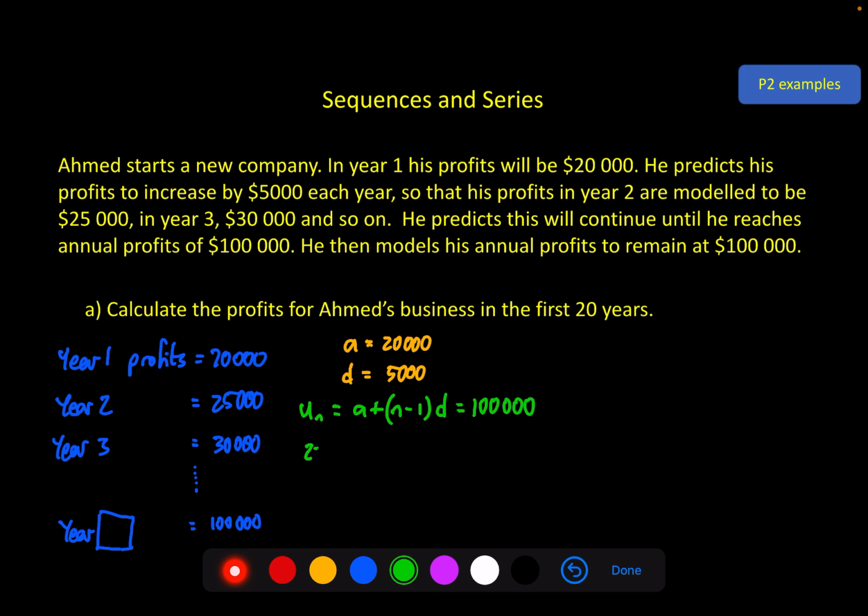And I know a is 20,000. n is the thing I want to know. d is 5,000. And I just solve my equation. So 100,000 minus 20,000 is 80,000. 80,000 divided by 5,000 is 80 over 5, which is 16.